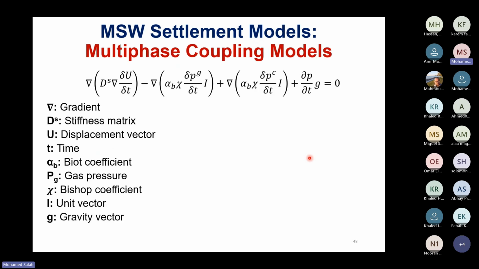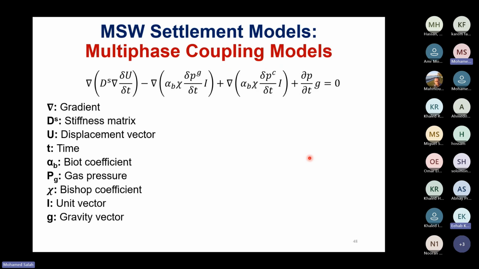The last model type for municipal solid waste is what's called the multi-phase coupling models. These models are used to estimate the settlement, and each phase in the model represents a certain factor in the soil. So we will find this model includes a stiffness matrix, time factor, displacement vector, and a factor to account for the gas pressure.